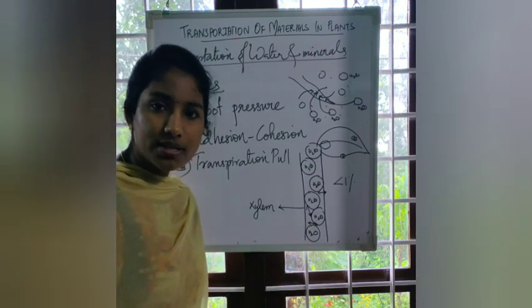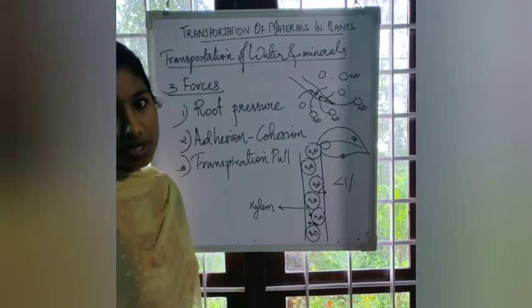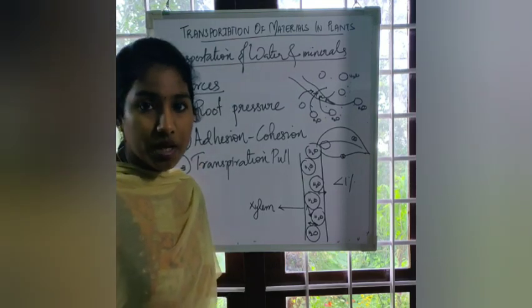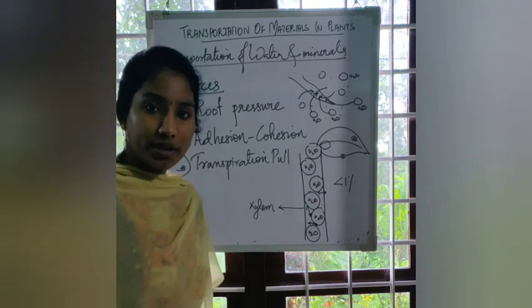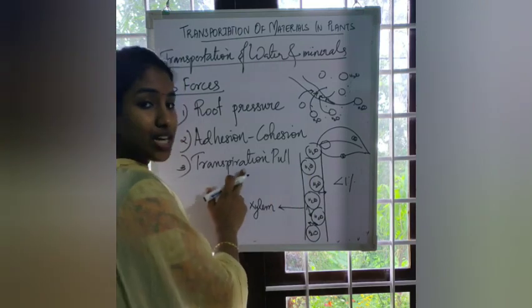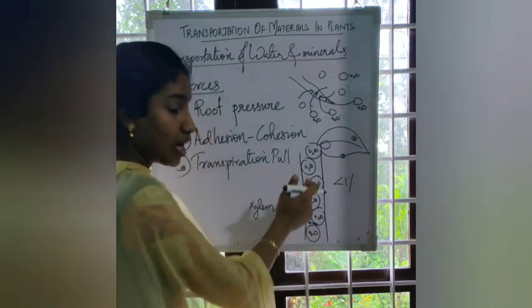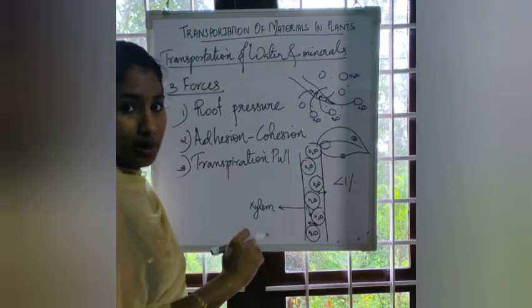All the remaining water is excess water. The plant has to remove this water, and that removal of water in the form of water vapor is called transpiration. Now how does that help in the movement of water?